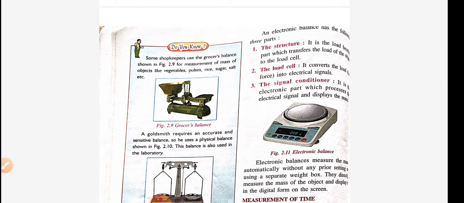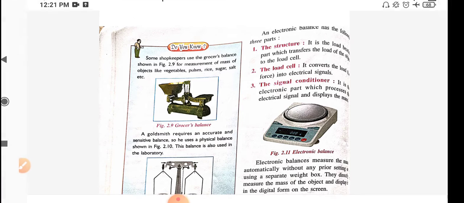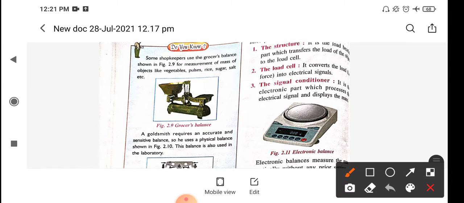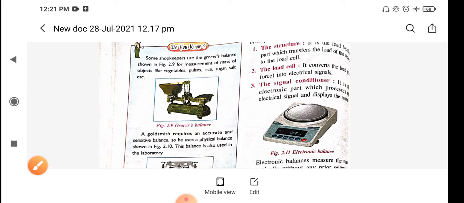It is the load bearing part which transfers the load of the object to the load cell. Means, see, this part is the load bearing part. Now the load cell converts the load into electronic signals.